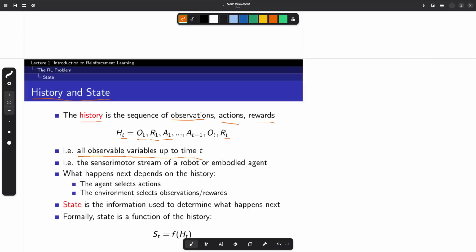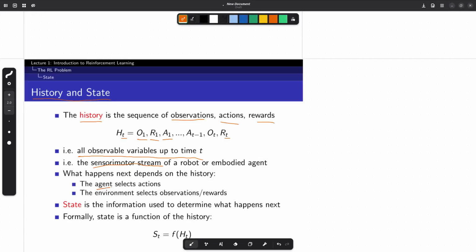So, for example, the sensorimotor stream of a robot can be its history, and what happens next in the environment, and also what our agent decides, is based on the history.